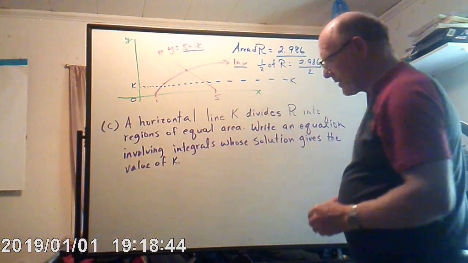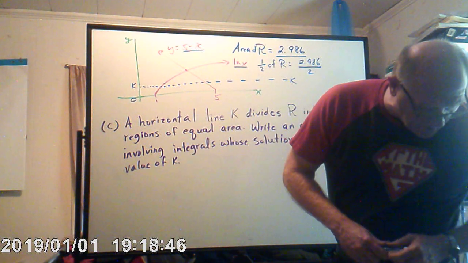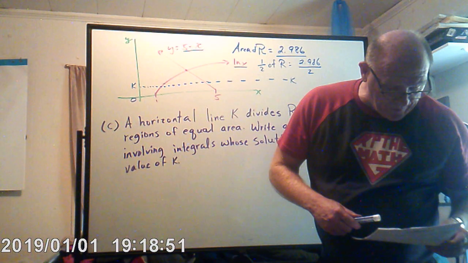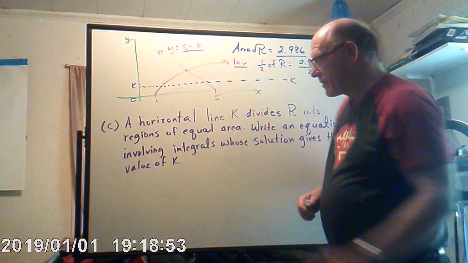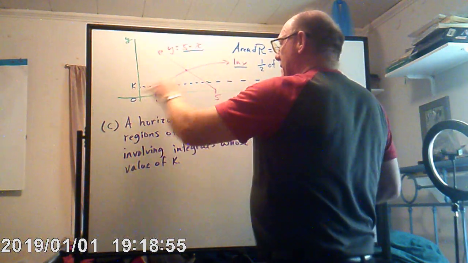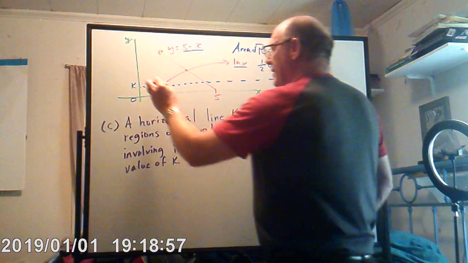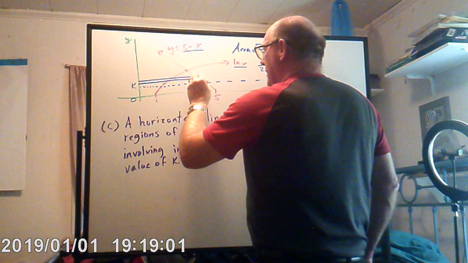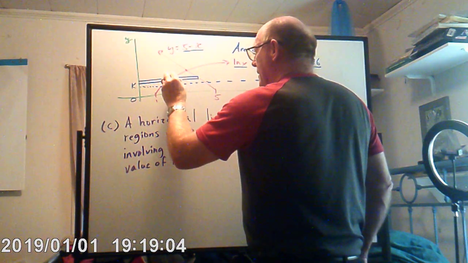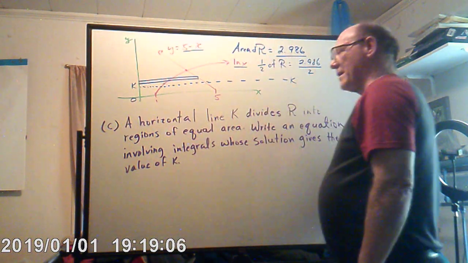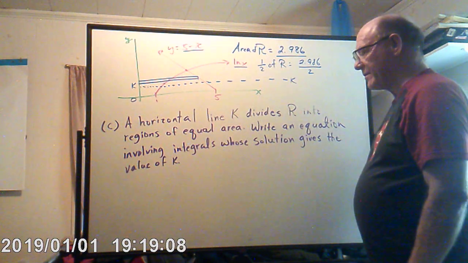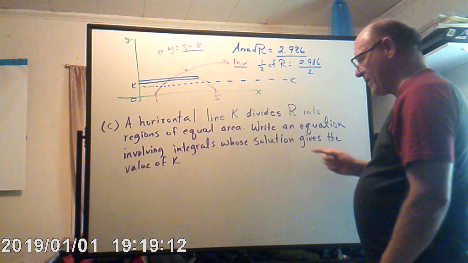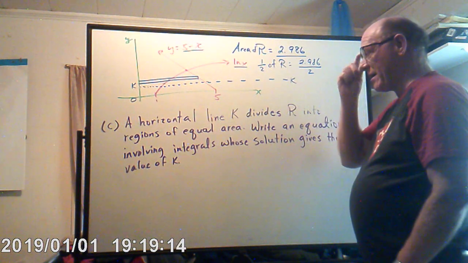Well, horizontal line, it's running this way. So what we have to do here is take a partition right here, like so. Alright, and we have to set up the problem, write an equation whose solution gives the value of K.